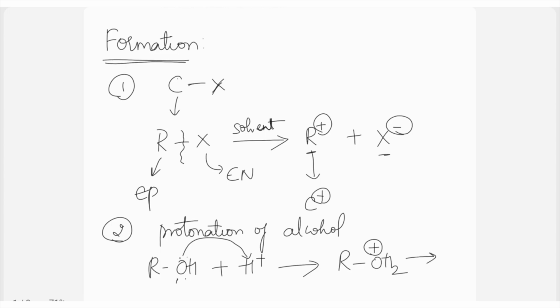Now this is unstable, so it results in the formation of R plus plus H2O. Now this is your carbocation. This way carbocations are generated. Now this carbocation will not stay for a long time. It is going to combine with some other nucleophile and turn into the product. So these are a few examples where we can see the carbocation formation.